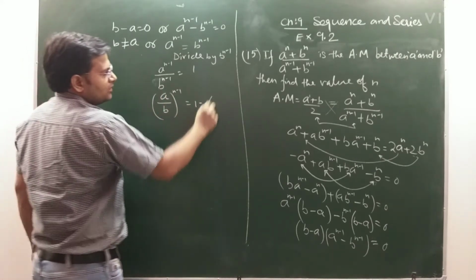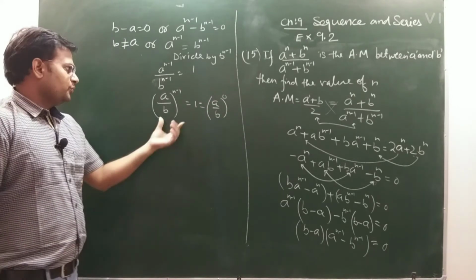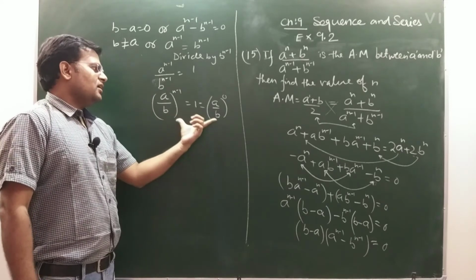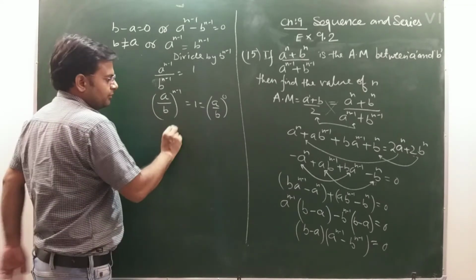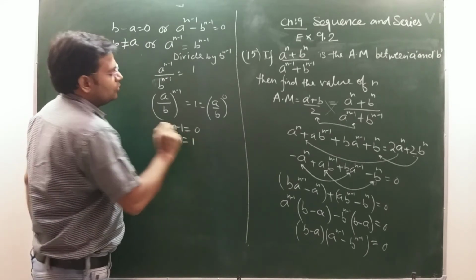Now 1 you can write as (a/b) to the exponent 0. So now you can see the bases are the same, so the exponents will be equal, so n minus 1 equals 0, and you will get n equal to 1.